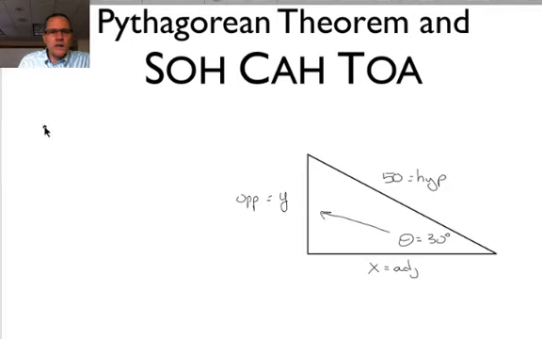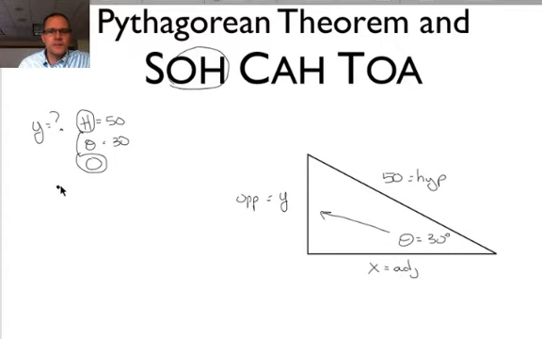So let's say I want to find the y first. What is y? Well, I know that my hypotenuse is 50, my theta angle is 30, and I want my opposite. So what you want to key in on here is that the two sides that you have are opposite and hypotenuse, which points you to the sine function. So sine of my angle is equal to opposite over the hypotenuse.